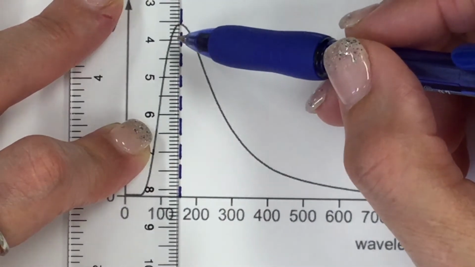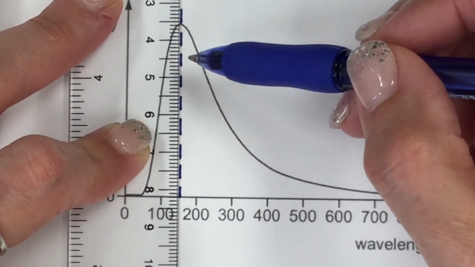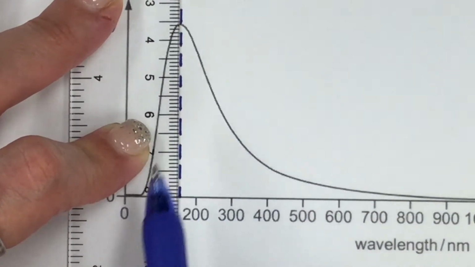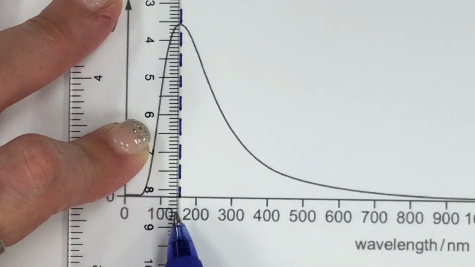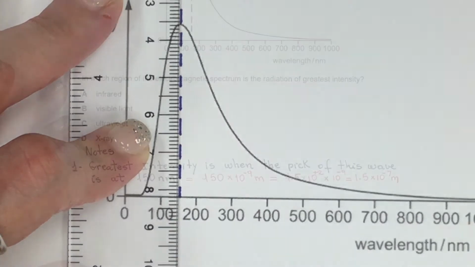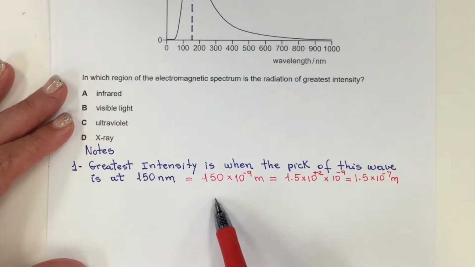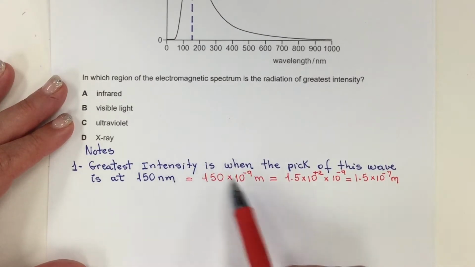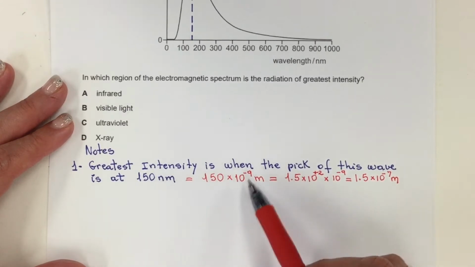This line indicates the greatest intensity is when the peak of this wave is at 150 nanometer. In terms of the power of 10, 150 times the multiplier for nano is 10 to the minus 9.